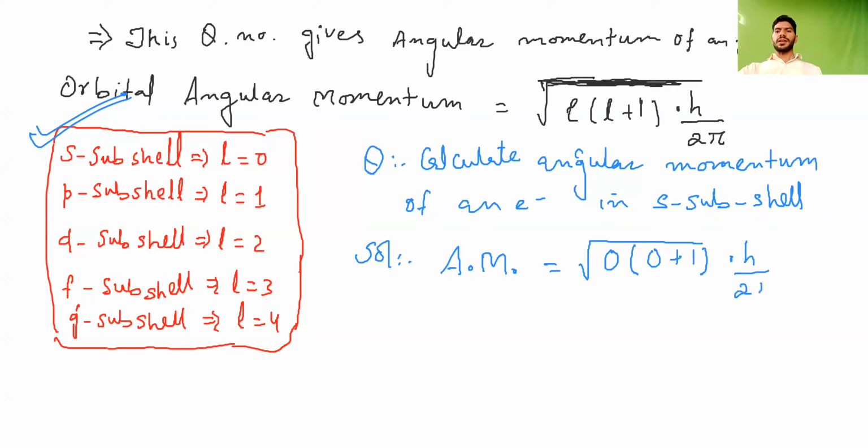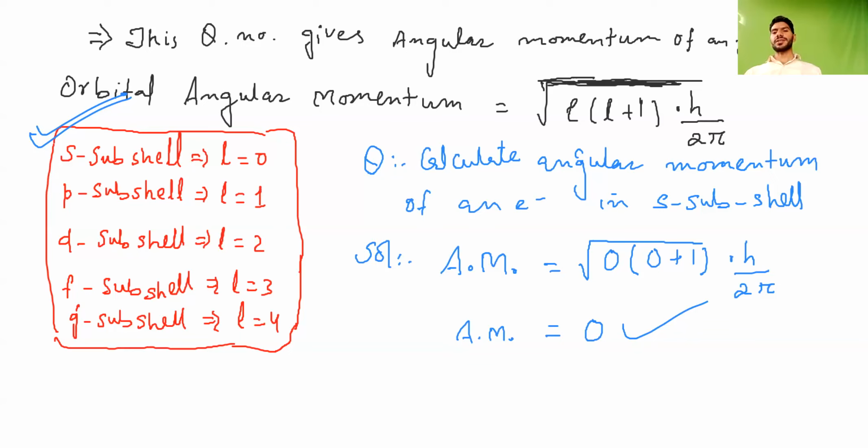So 0 plus 1 is 1, 1 into 0 is 0, root of 0 is 0, 0 into h is 0. So everything becomes 0. So this is very important: the angular momentum of an electron in S subshell will always be equal to 0. Have you got it?